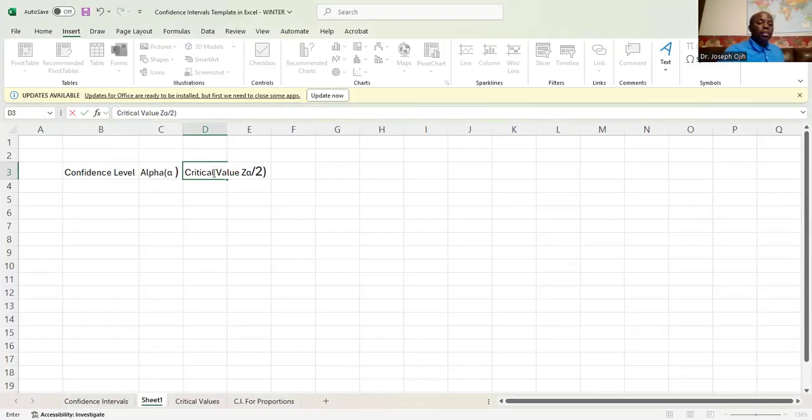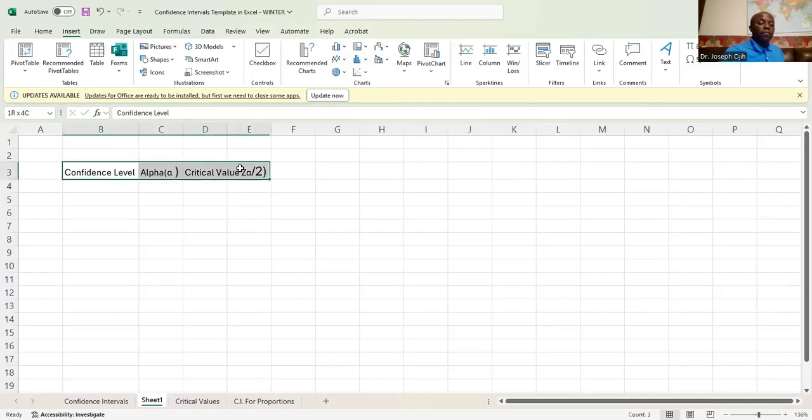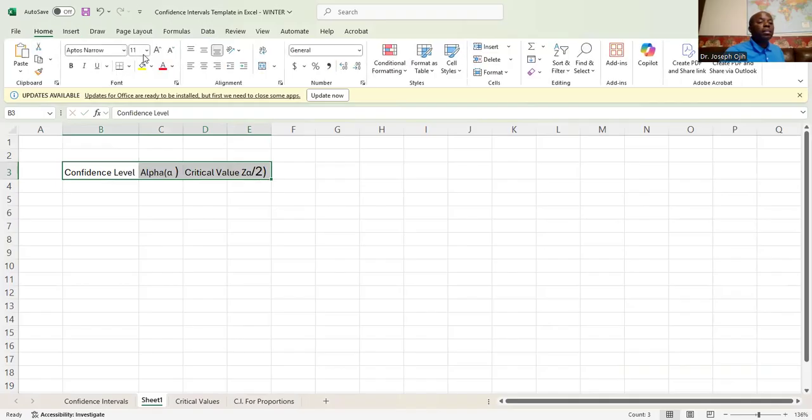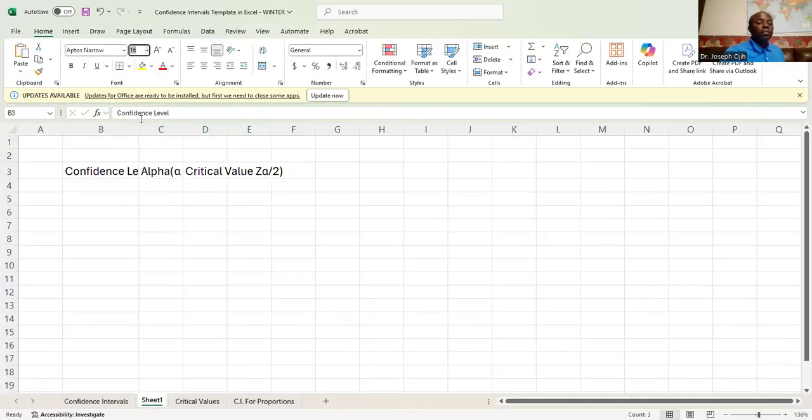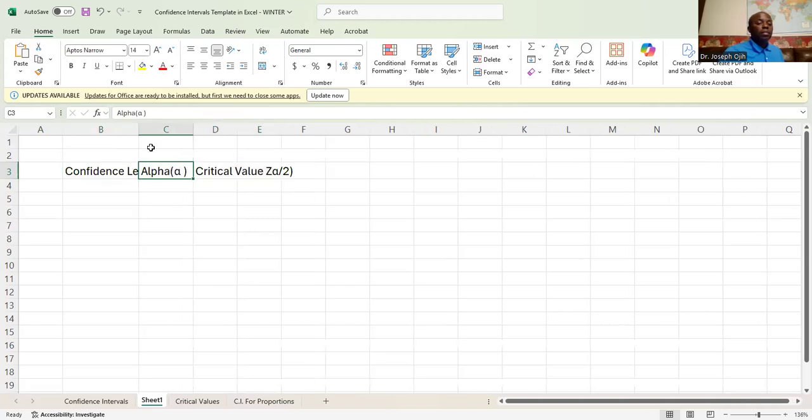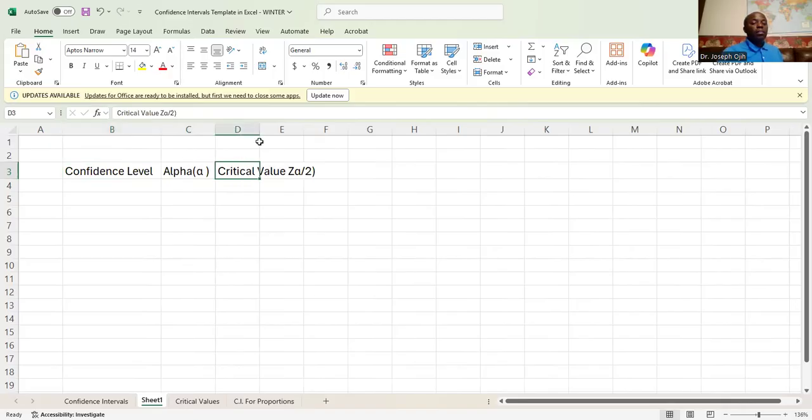So as a critical value, I'm going to adjust this and make them the same font size. Okay, 16 should be good. As a matter of fact, 14 is good enough. Confidence level, critical value.